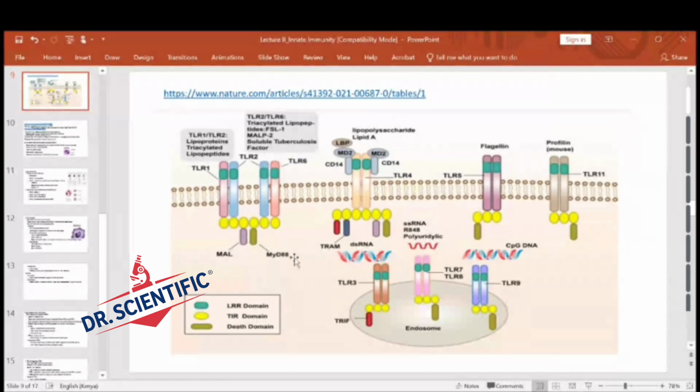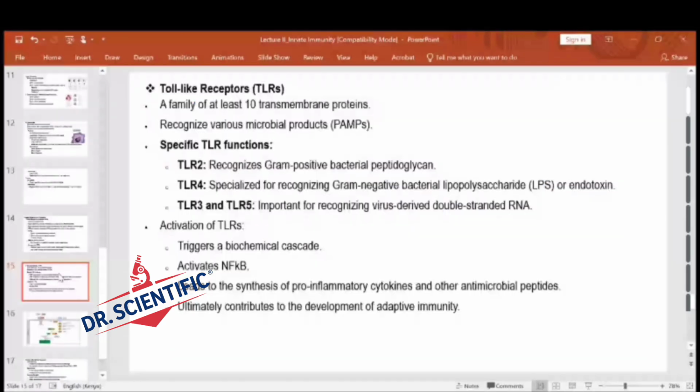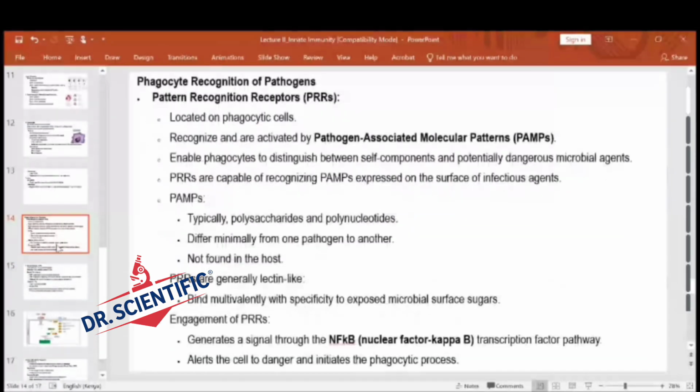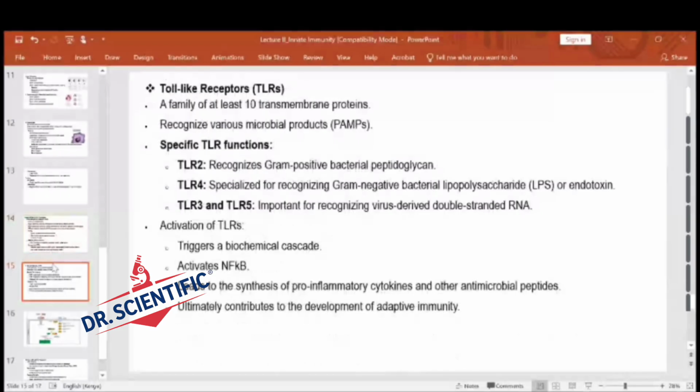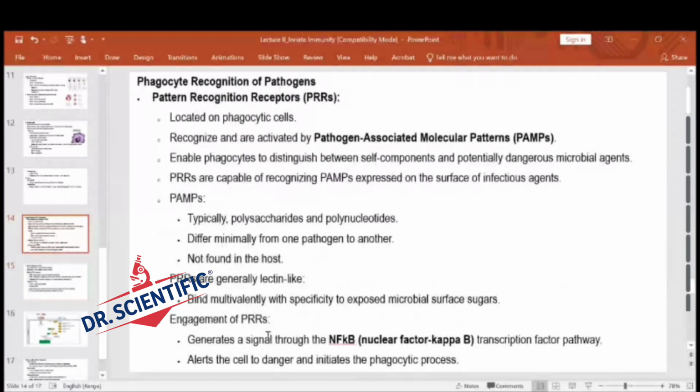That is what will happen. But if this MyD88 links with nuclear factor kappa B, then this cell will perform the function of phagocytosis. I hope that point is clear. I try to simplify it as much as possible. So PRRs have to link with an adapter through nuclear factor kappa B, and phagocytosis is triggered.